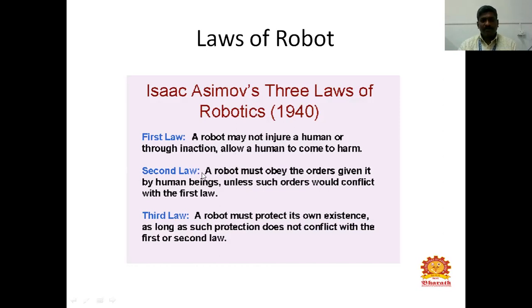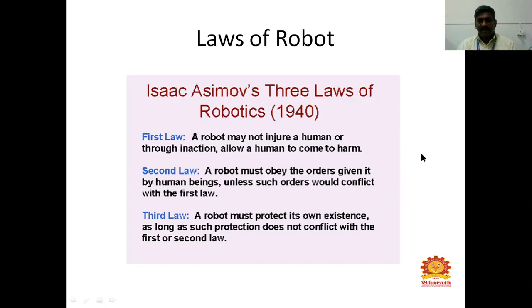Next, second law: a robot must obey the orders given to it by a human being. If an operator gives an instruction to the robot, the robot should obey that rule. This is the second law, unless such an order would conflict with the first law.